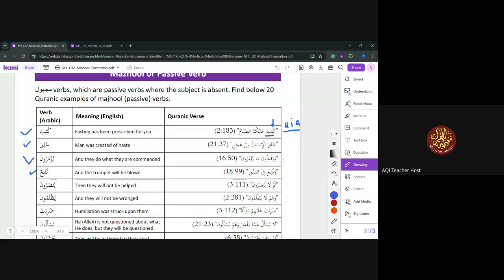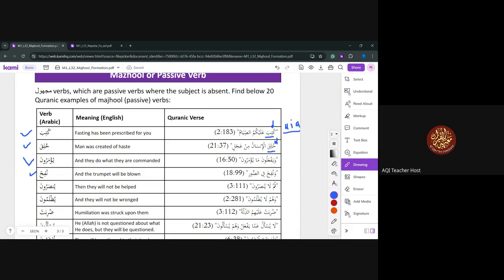Then the word khuliqal insanu min ajalin. Does anyone want to come forward and identify whether it's Madi Majhool or Mudari Majhool? Yes, it's Madi Majhool. Okay. And how did you identify it's a Madi Majhool? Because it begins with the dhamma and ends with the fatha.